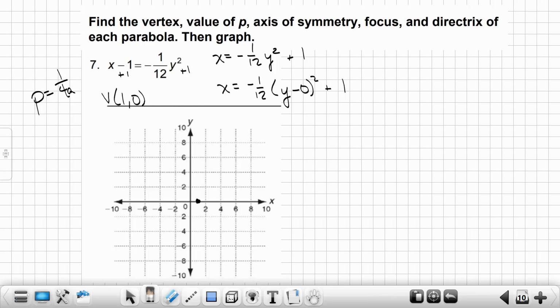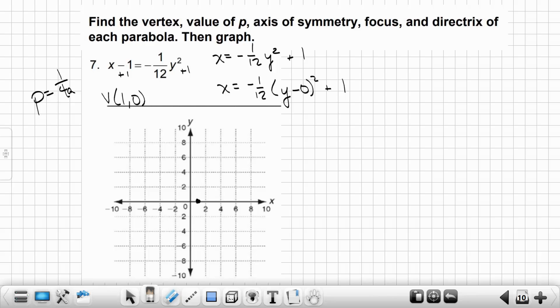Okay. Now, we need to figure out what our p-value is. 3. Why? Because 12 divided by 4 is 3. So the answer is 3, but I want to see the appropriate math behind it.